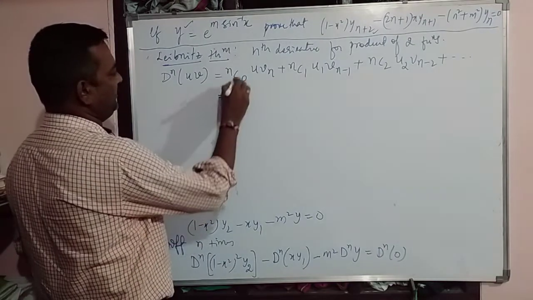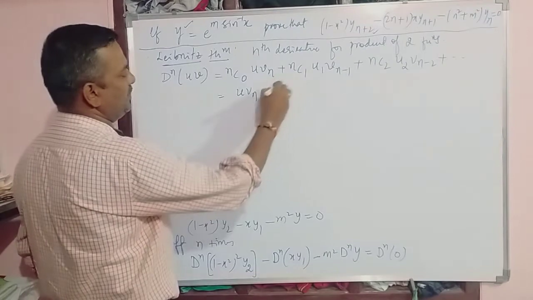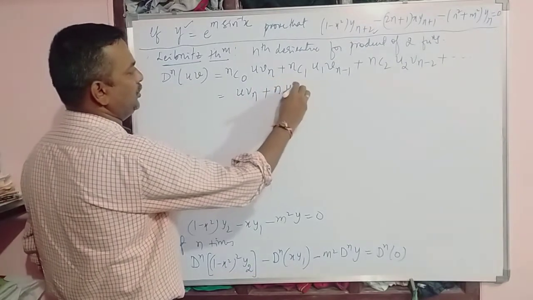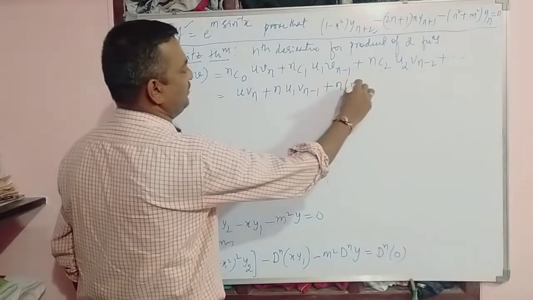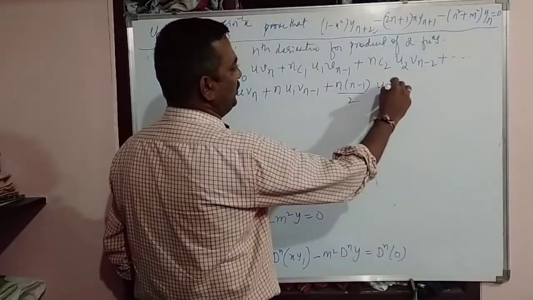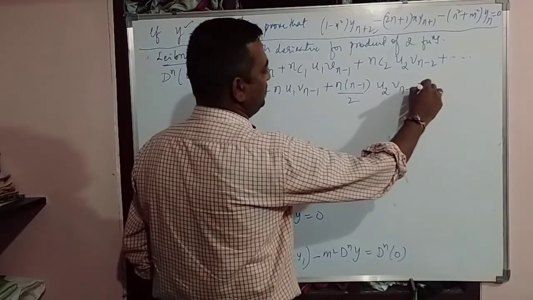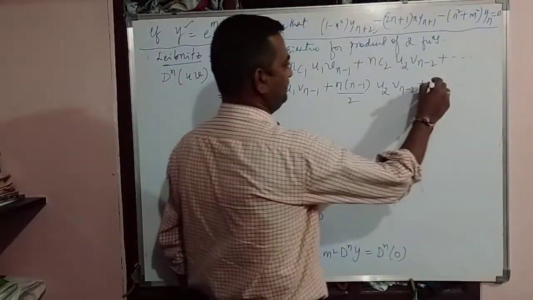Or this is also the same as nC0 is 1, u vn, nC1 is n, u1 vn minus 1, nC2 is n into n minus 1 divided by 2, into u2 vn minus 2. Next nC3 u3 vn minus 3 plus and so on.